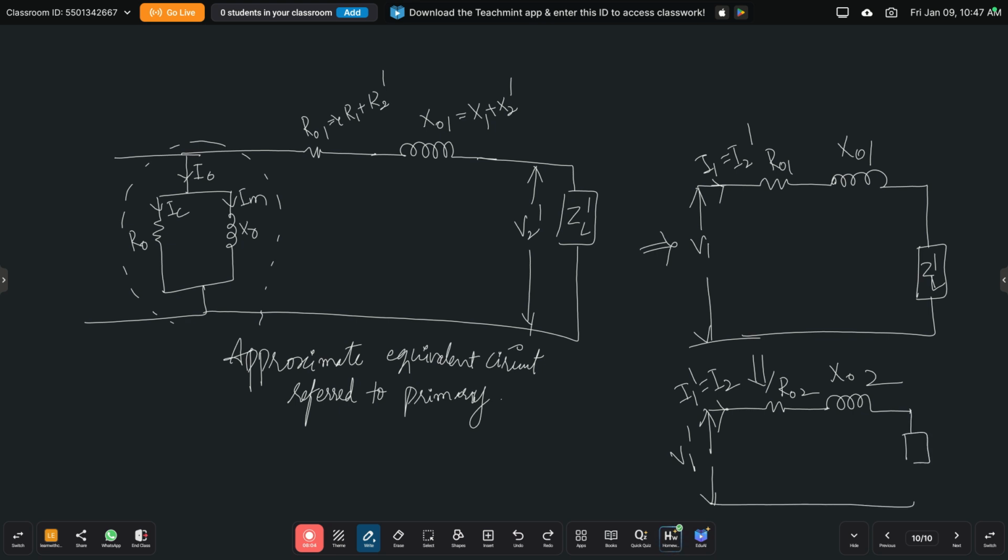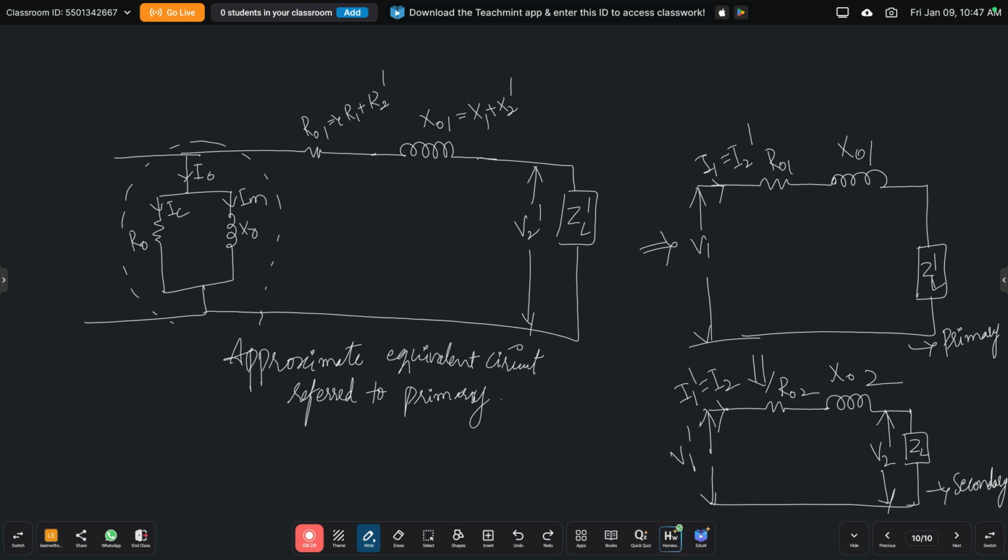Then the impedance ZL we draw like this, and the secondary terminal voltage is represented as V2. So this is the approximate equivalent circuit referred to the secondary. This one is referred to the primary, and this one is referred to the secondary.